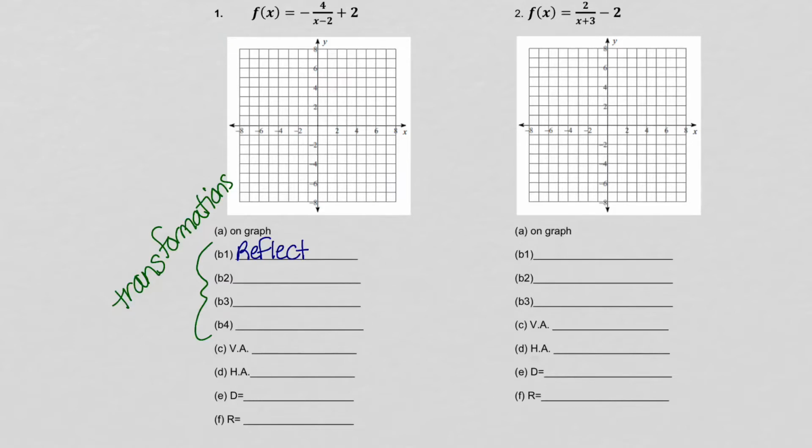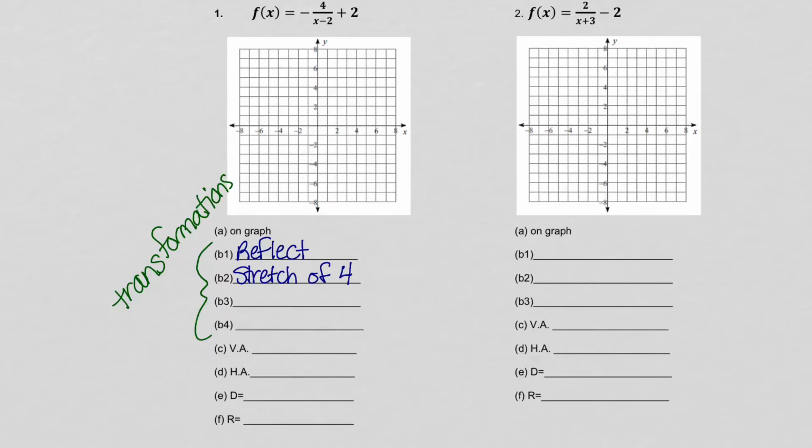Okay, so it reflects. This not being a 1, remember the parent function has a 1 on top. Well, it has something bigger than 1. So it's actually going to have a stretch with a factor of 4. Or actually let's shorten it. These lines aren't very big. I'm just going to put stretch of 4, okay?